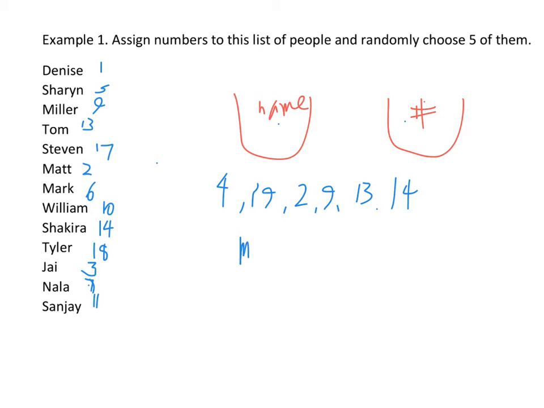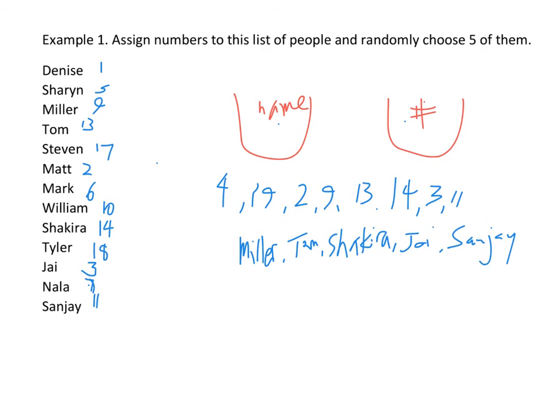So far we have Miller, Tom, and Shakira. And then we still need 2 more. And then when I hit more random integers, I get 3 and 11, which means I can choose Jai and Sanjay. Those are my 5 random choices.